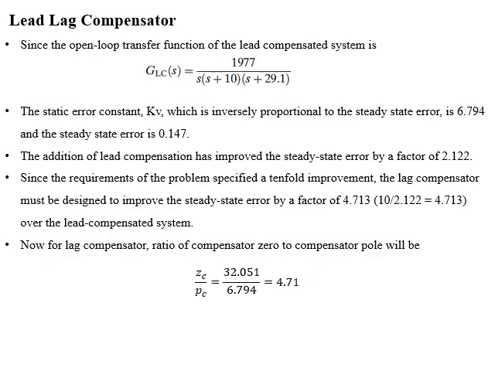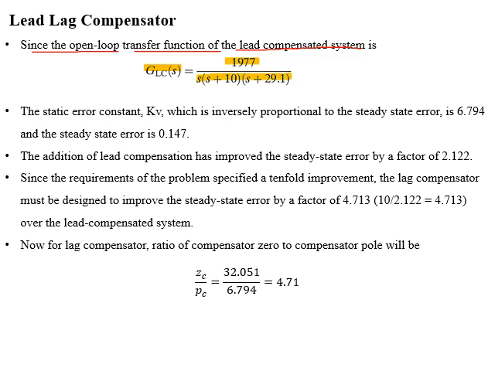Dear students, the open loop transfer function of the lead compensated system is given by 1977 divided by s into (s plus 10) into (s plus 29.1).